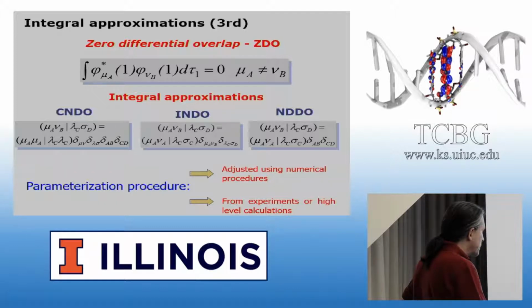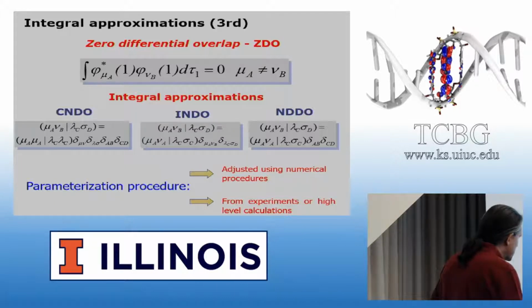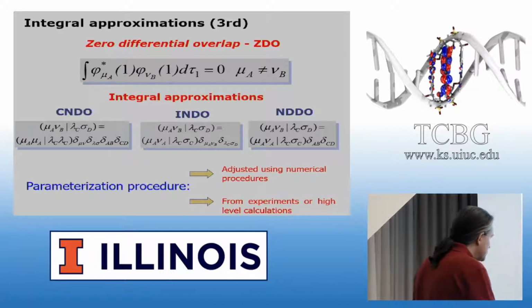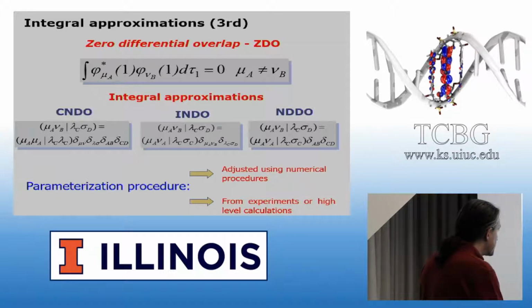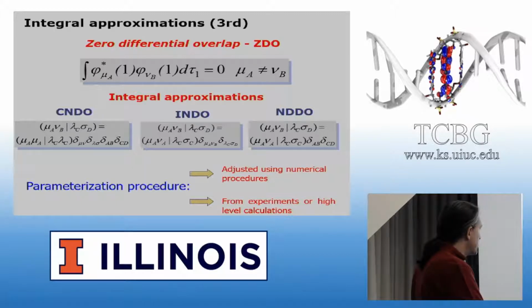that follow this type of rule. The only restriction is that the A center equals the B center for that part, and the C center equals the D center. Center is nucleus, the nucleus or atom.